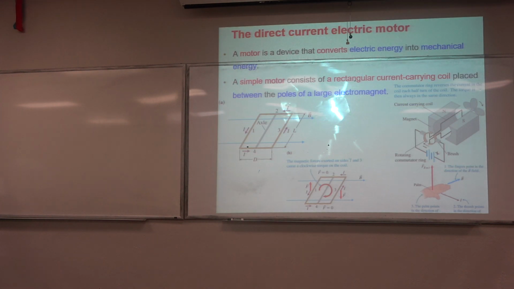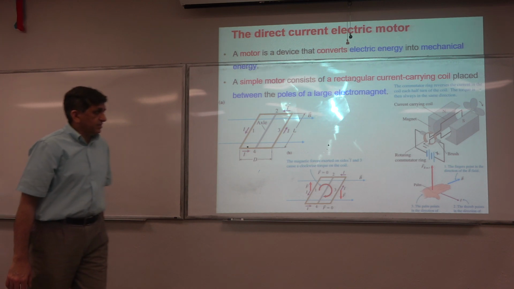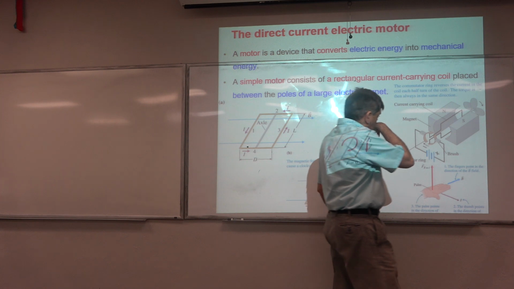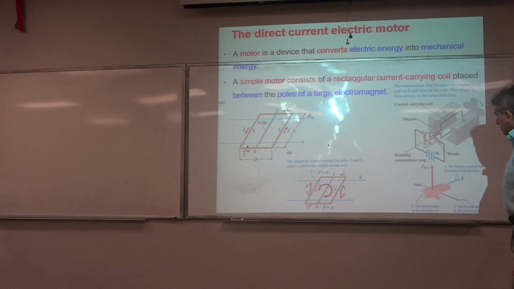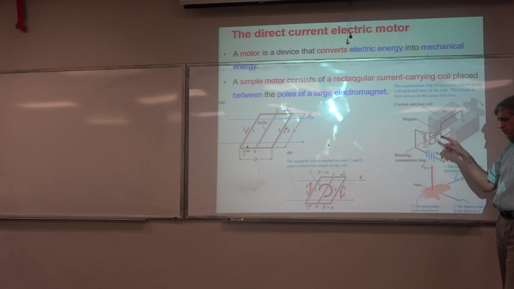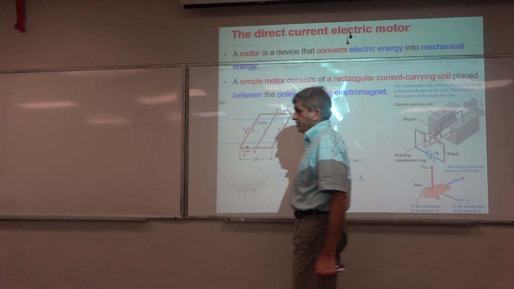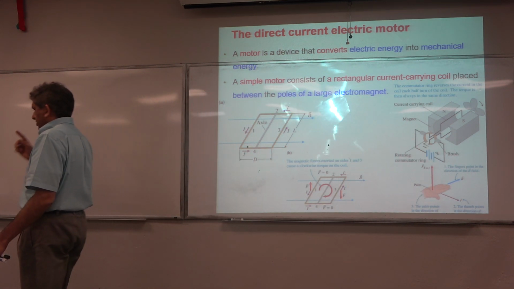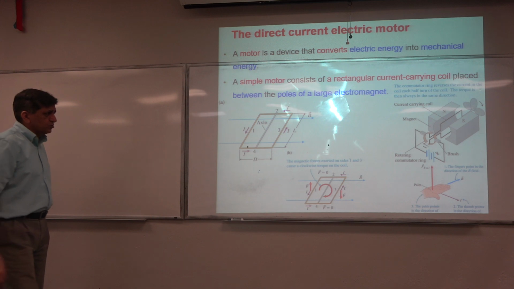All right, so this has important implications in what we call the electric motors. In an electric motor, you have two magnets on the sides, and then you have a conducting wire in the form of a loop, almost a loop, rotating between the two magnets.